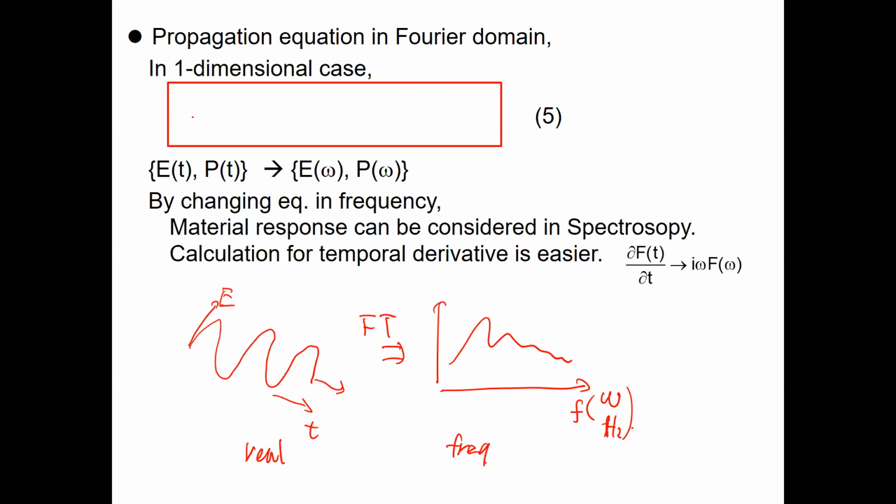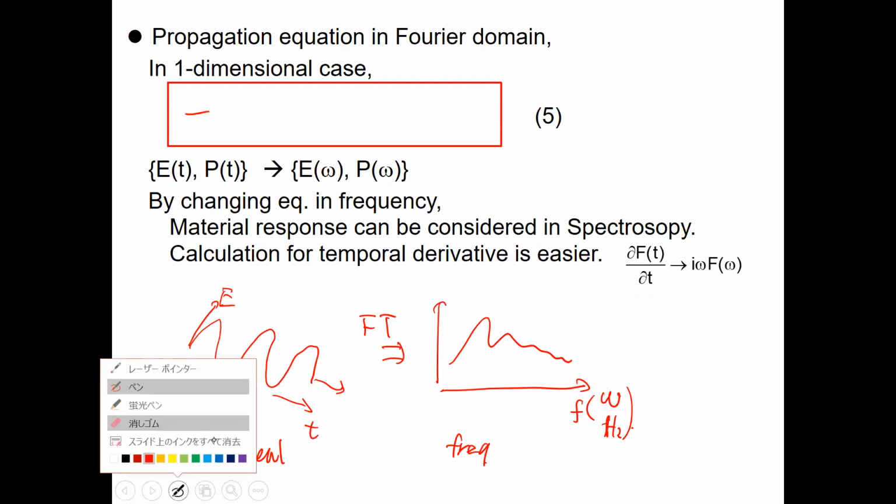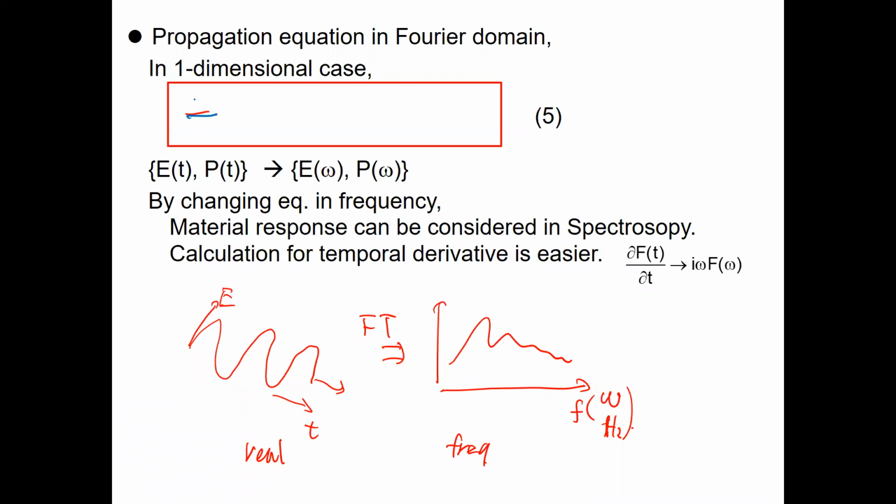So again, in the one-dimensional case, d2E/dz2 minus (1/c^2) d2E/dt2 equals mu 0 d2P/dt2. Okay.